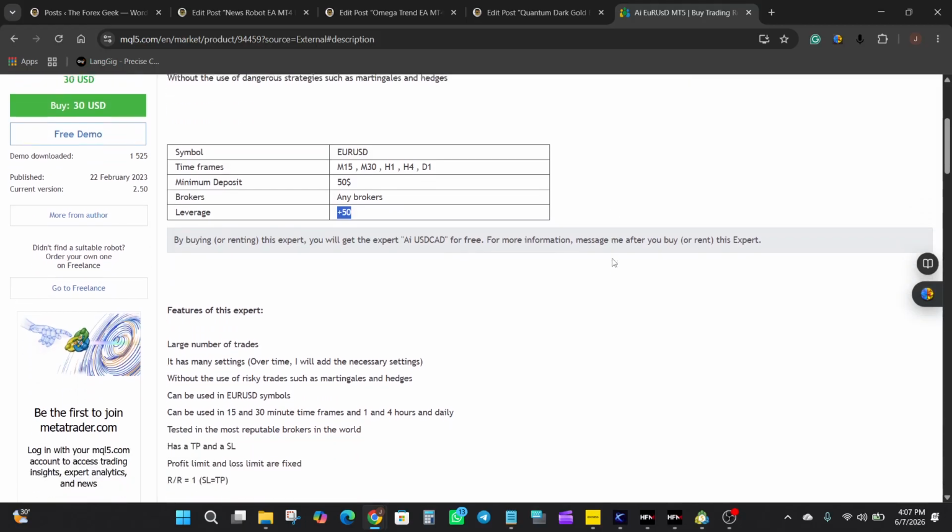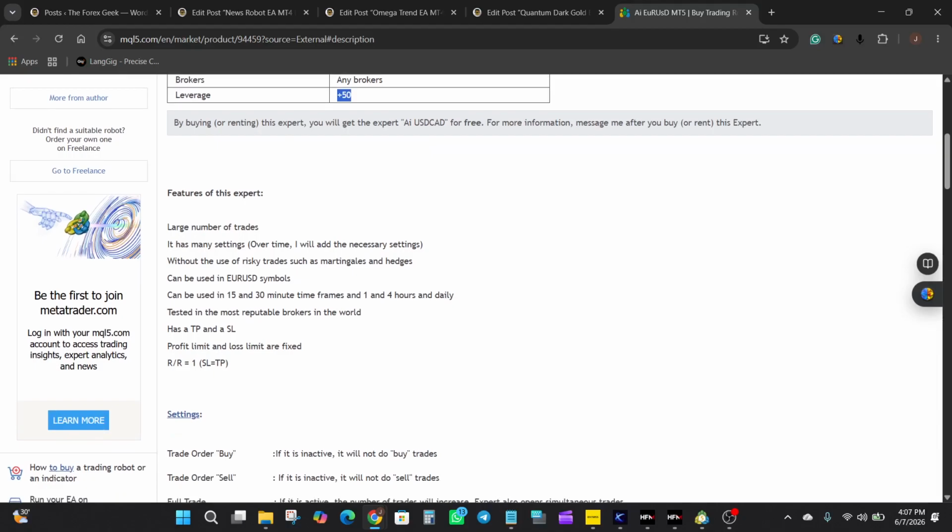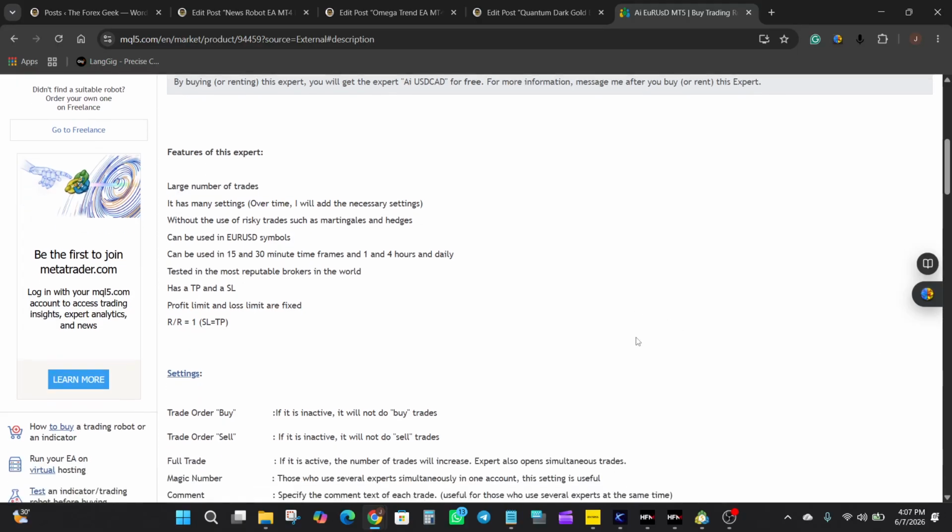The settings section offers a good amount of flexibility. Traders can enable or disable buy and sell trades independently, activate the full trade mode, define custom lot sizes, adjust take profit and stop loss values, configure break-even functionality, and enable a progressive trailing stop system. There is also a maximum spread filter which can prevent the EA from opening trades when spread conditions exceed the user-defined threshold.